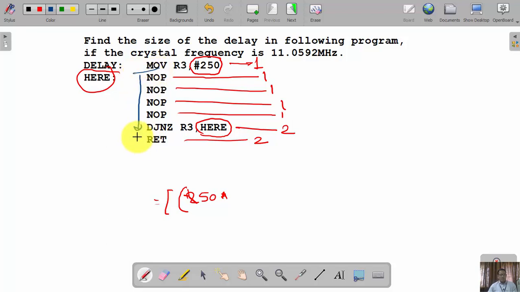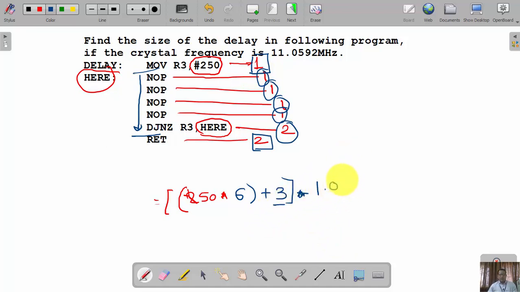These are the instructions which are executed repeatedly. So corresponding to it, this 1, 2, 3, 4, and this 5, 6, right? So 250 multiplied with 6, plus the instructions outside the loop is 3, right? Because RET and MOV R3, #250, these two instructions are outside the loop. So plus 3, multiplied with 1.085 microsecond.